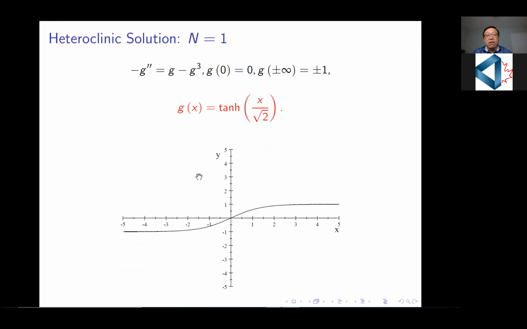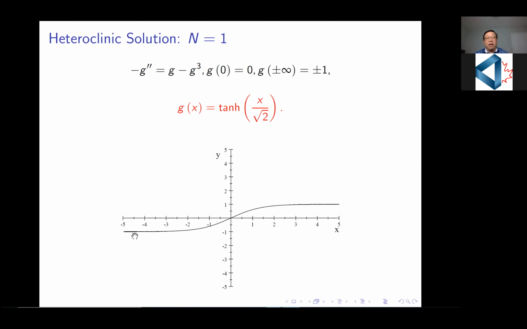Let's first look at the one-dimensional problem. For the one-dimensional problem, we can write down the solution explicitly, just using an ODE argument. This is a solution connecting -1 to +1.